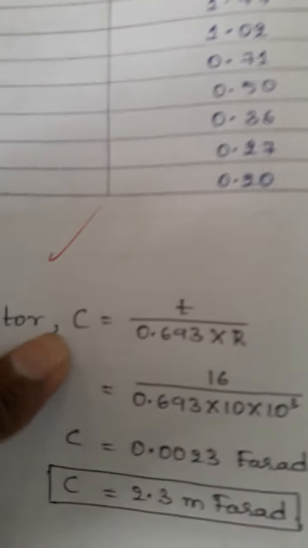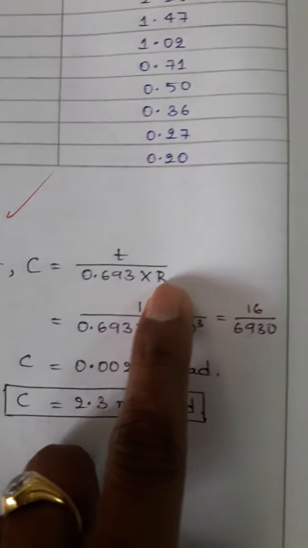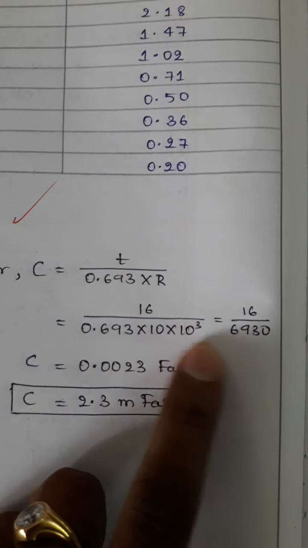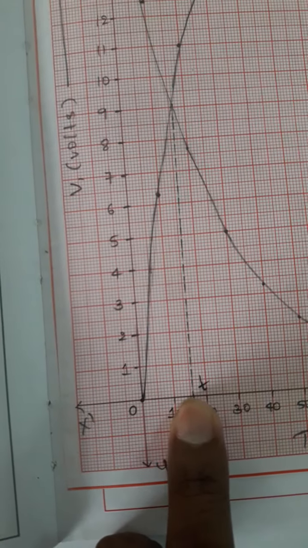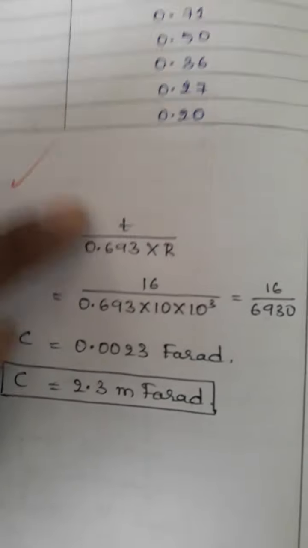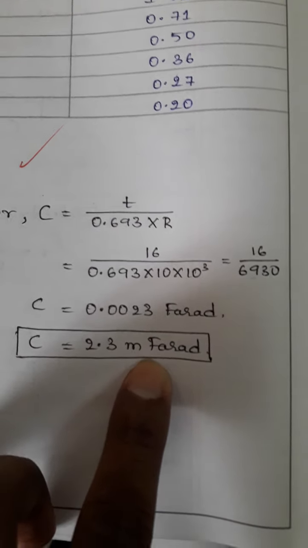This is the formula. Example: C = t divided by 0.693 into R. Substitute the value of resistance, 10 into 10 to the power of 3, and t from the plot, which you will get as 16. Substitute and calculate, and this is the C: 2.3 millifarad.